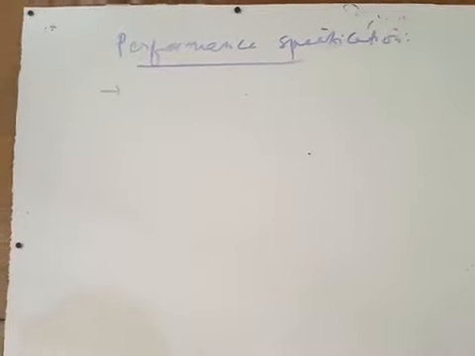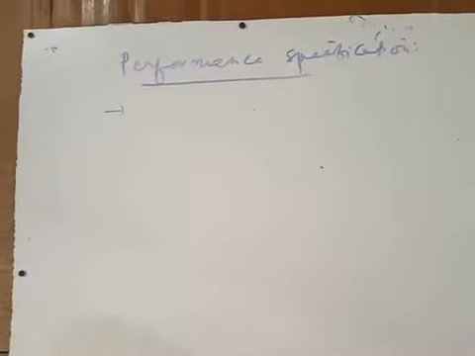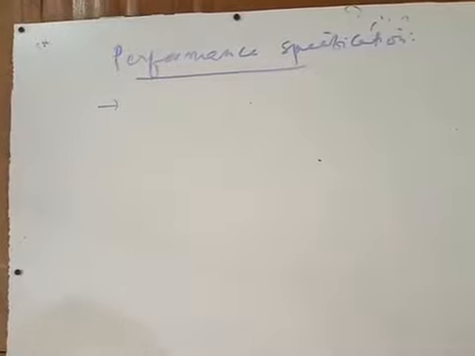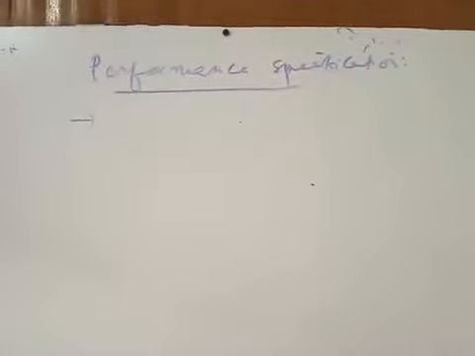To know how the output is actually following the input, we have to know the different transient response and steady state response parameters. What are transient response and steady state response? For example, I am taking the graphical representation only; the mathematical part I will show you later.